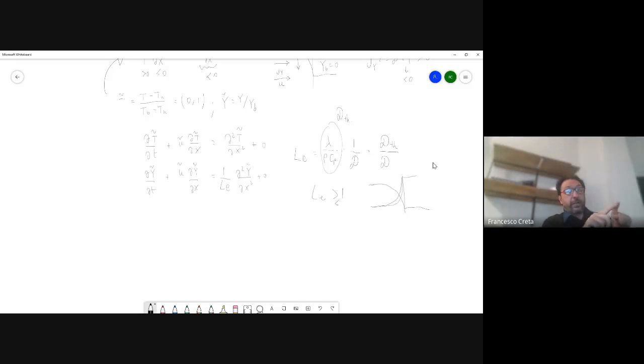So on the first page, I have added a picture, okay? Now that picture is a simulation that we did, okay, with the code that we have in the department of a premixed flame. As you can see, it's a very thin, okay, layer. What you can see there is essentially the reaction rate, so it's the reaction layer. But you can see that it's all curly, okay, it's all kind of corrugated.